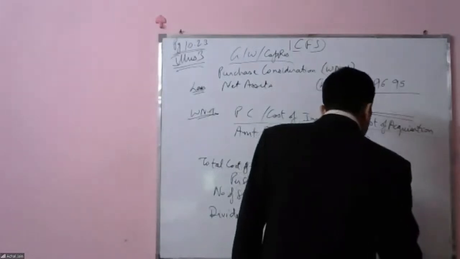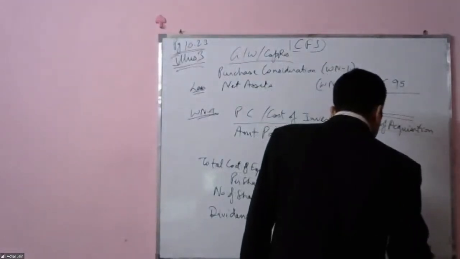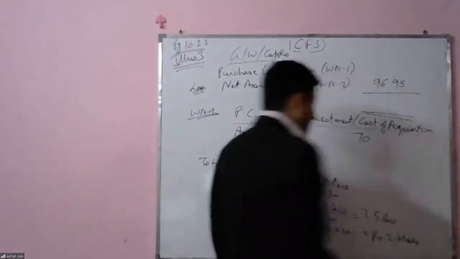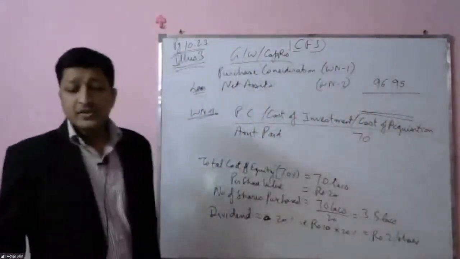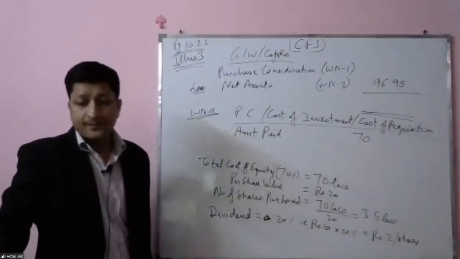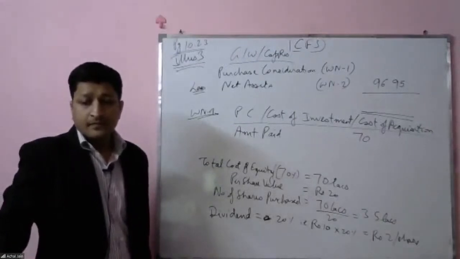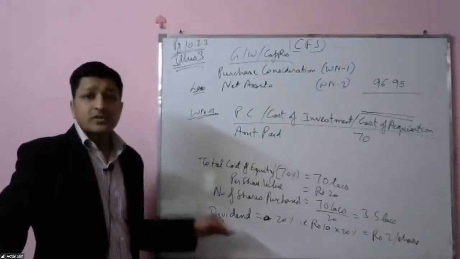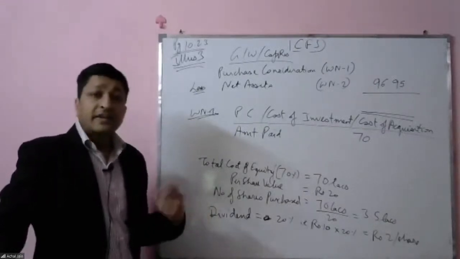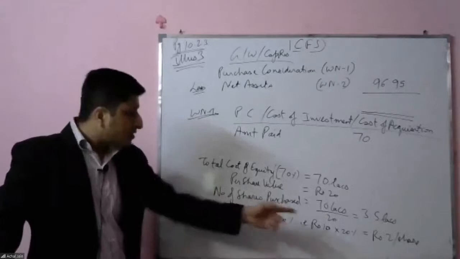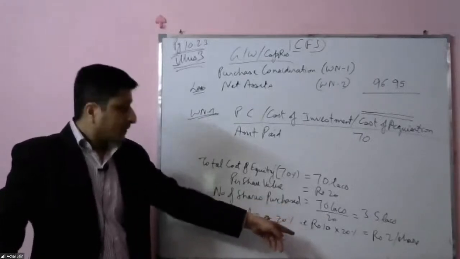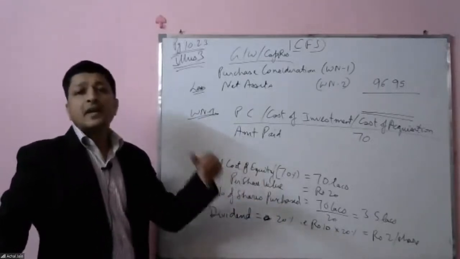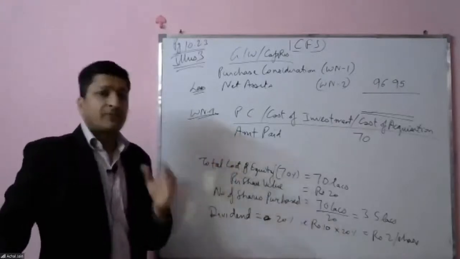That is ₹2 per share. So the amount of dividend will be ₹2 per share. Why? Because dividend will be paid on the face value. What's the face value? ₹10. That means dividend has been paid at ₹2 for every share.